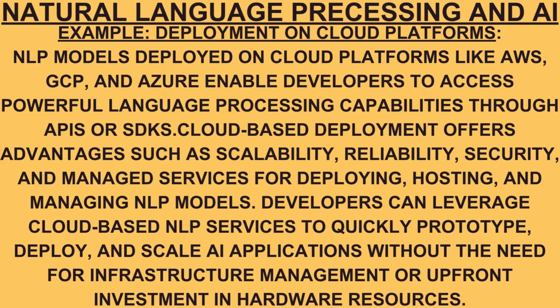Cloud-based deployment offers advantages such as scalability, reliability, security, and managed services for deploying, hosting, and managing natural language processing models. Developers can leverage cloud-based natural language processing services to quickly prototype, deploy, and scale artificial intelligence applications without the need for infrastructure management or upfront investment in hardware resources.